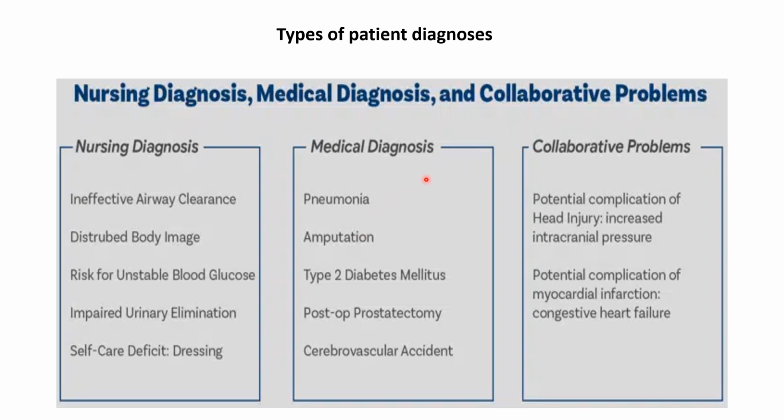Then medical diagnoses are things like pneumonia, type 2 diabetes mellitus, post-op prostatectomy, cerebrovascular accident. Then collaborative problems include things like myocardial infarction or congestive heart failure, which need a physician, a neurologist, a cardiologist, or a nurse specialist. So it is a collaborative problem.